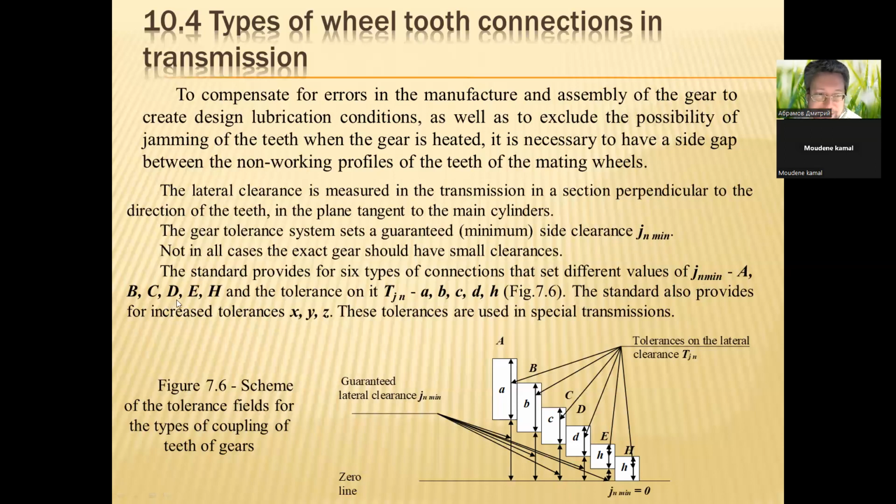They are A, B, C, D, E, and H. And the tolerance on it, T_jn, and small letters of the designation of tolerance a, b, c, d, h. You can see these parameters in figure 7.6, the scheme of the tolerance fields for the types of coupling of teeth of gears.